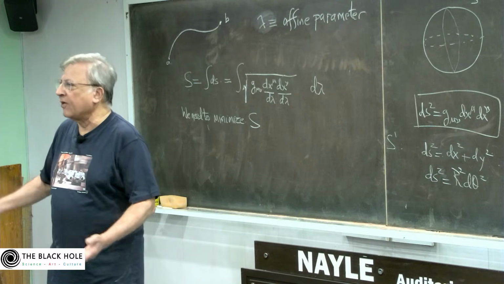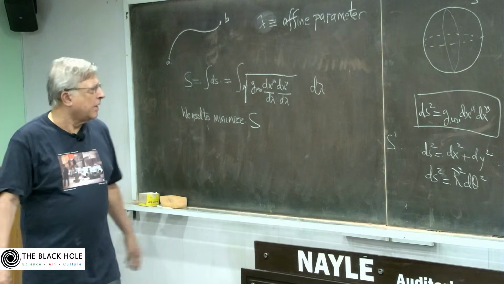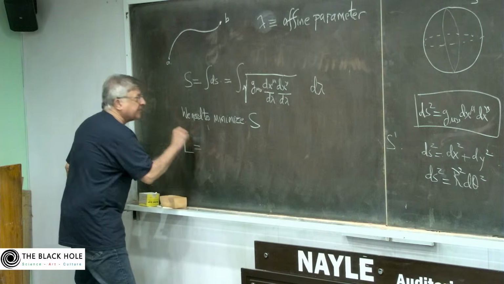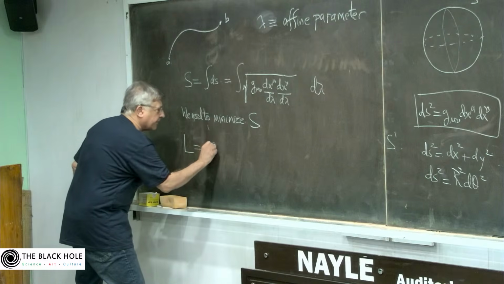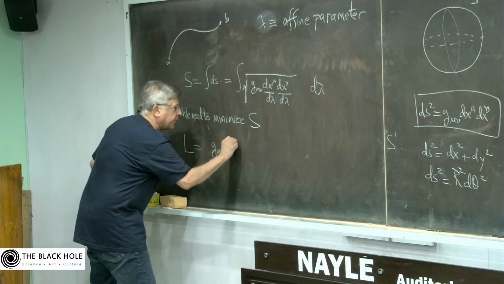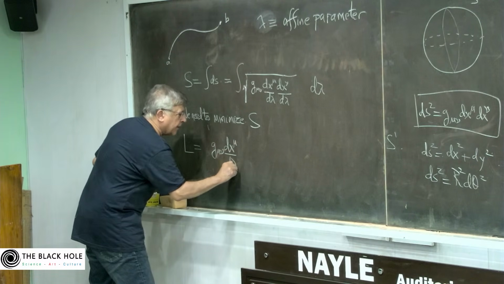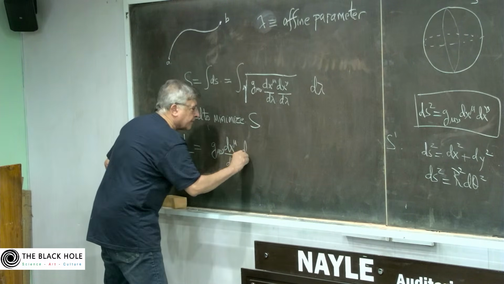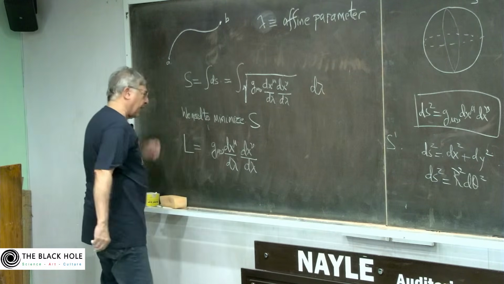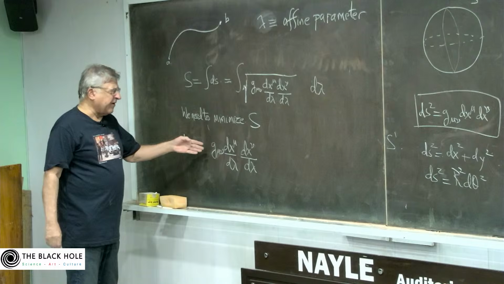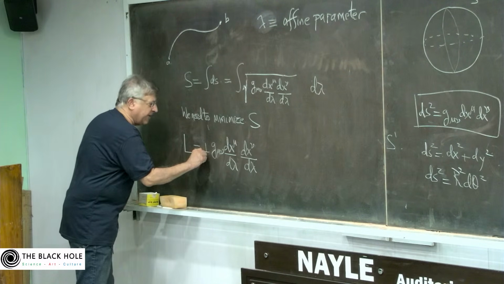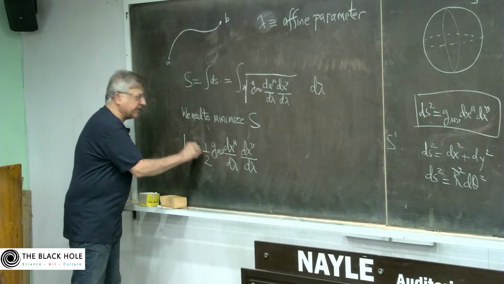Because if the square is small, the thing itself will be small. So let me define something called L, which is g mu nu dx mu by d lambda dx nu by d lambda. And if I'm going to be minimizing this, what's the harm if I put a half over here and make this a definition?